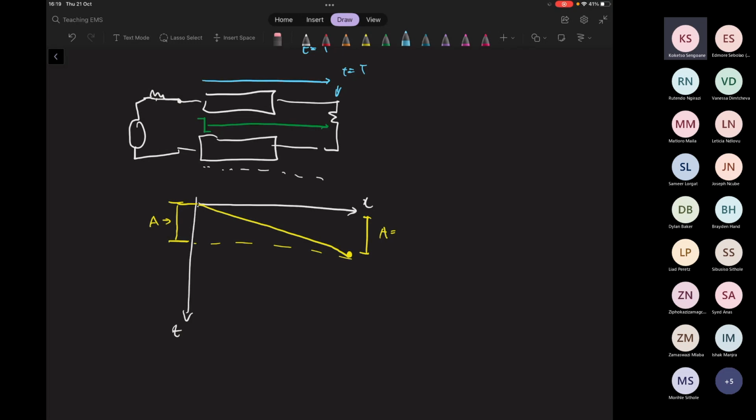So this is T. It's the time it takes for a signal to travel from here, the source end, to the load end. It's traveled that distance, and it's taken this amount of time that we labeled as T. That's what the question says. It takes this amount of time to travel this distance.